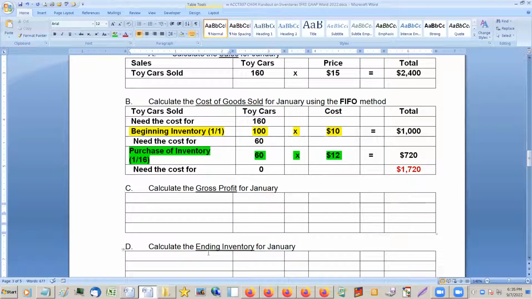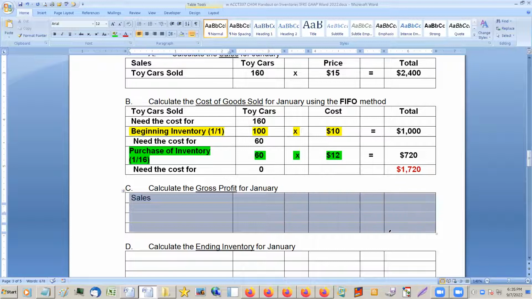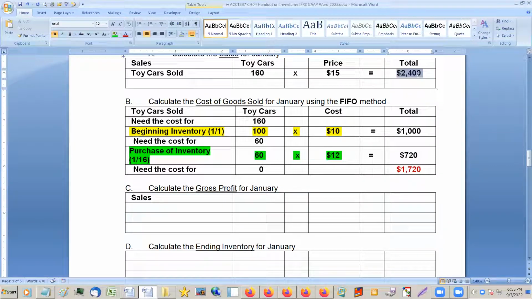Okay, so we have our sales, 2,400. We have our cost of goods sold that gets subtracted out. These are inventory that have left the place. We don't have them anymore, and they cost us this amount.